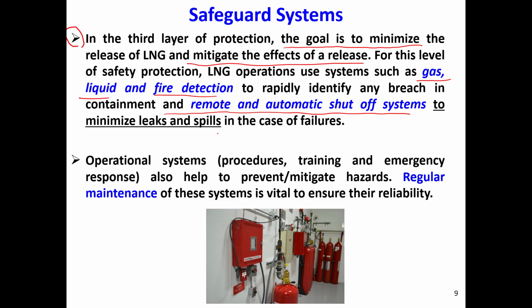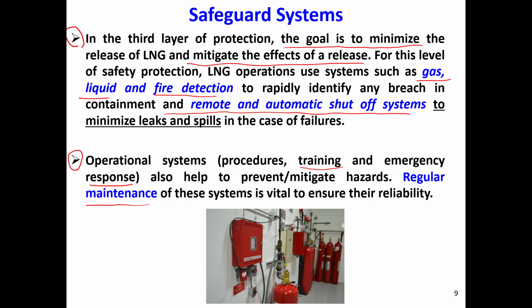Operational systems also matter: a good operating procedure, good training of your operators, and a good emergency response all help to prevent and mitigate the hazards. Moreover, regular maintenance of this system is very critical to its reliability.